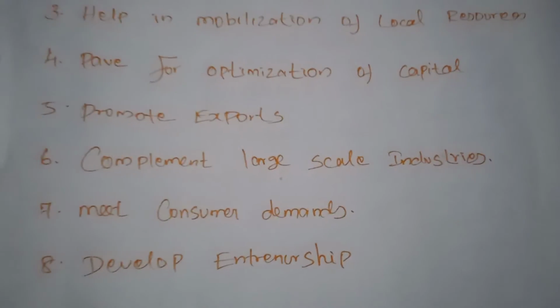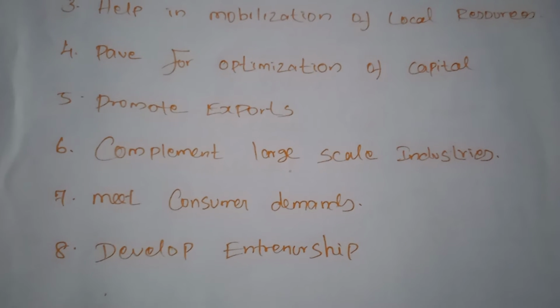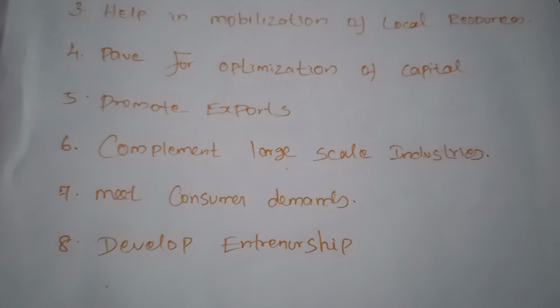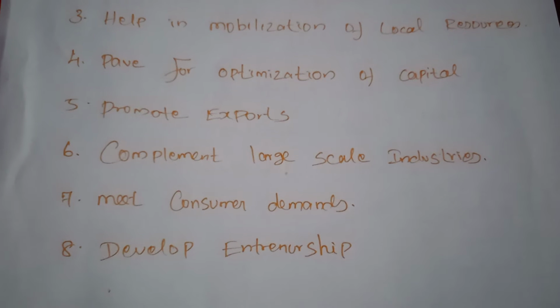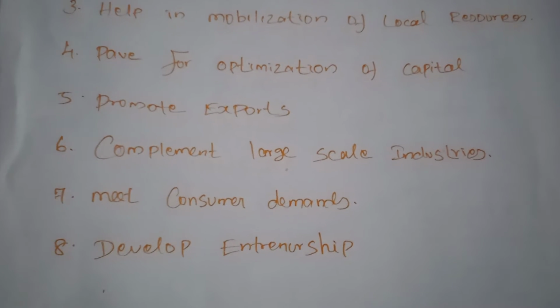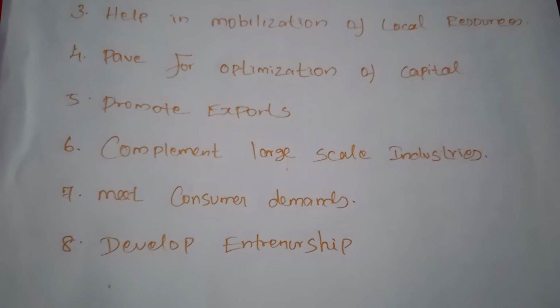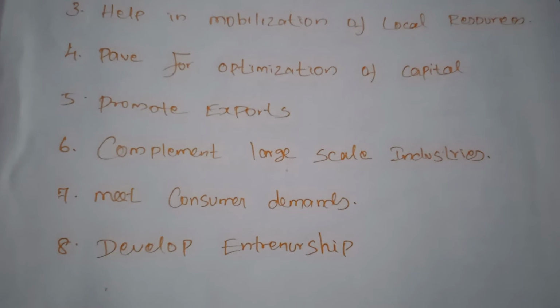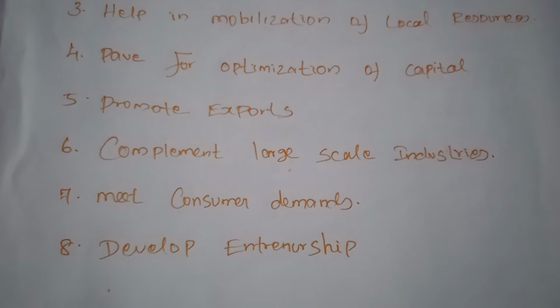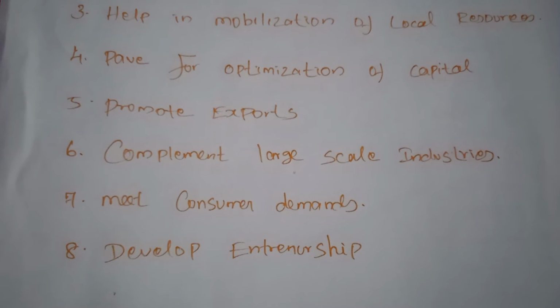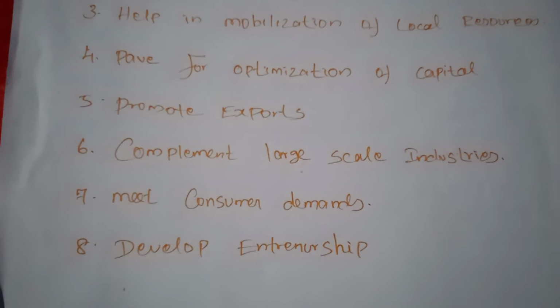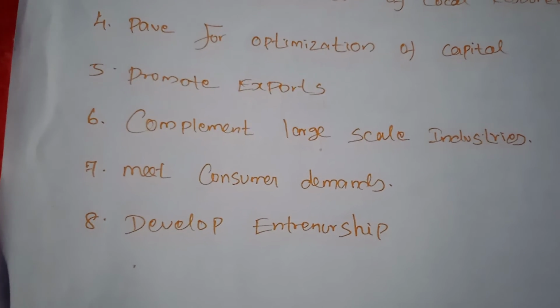Some poor people have money in the form of savings, and if they have the opportunity to start small scale industries, they can use those savings to establish the small scale industries.